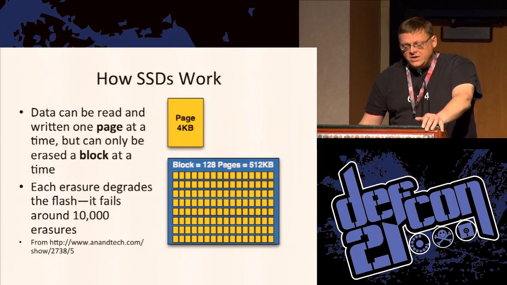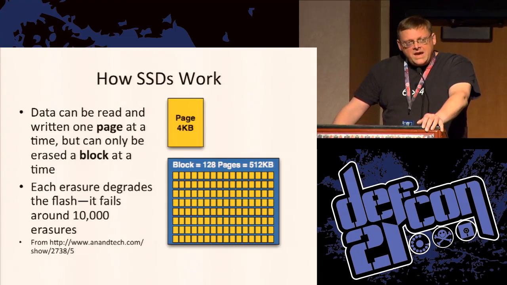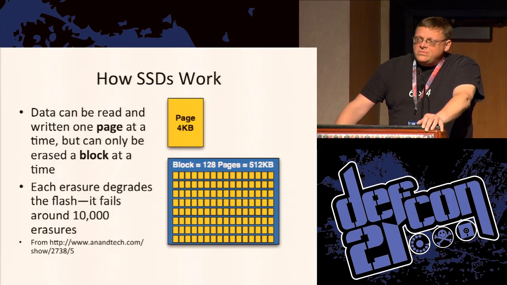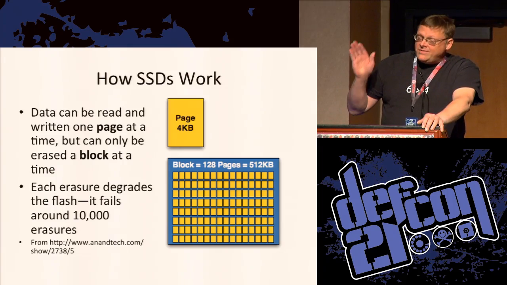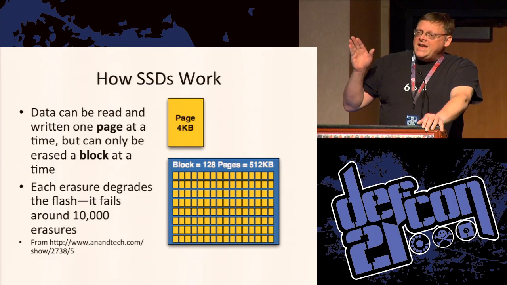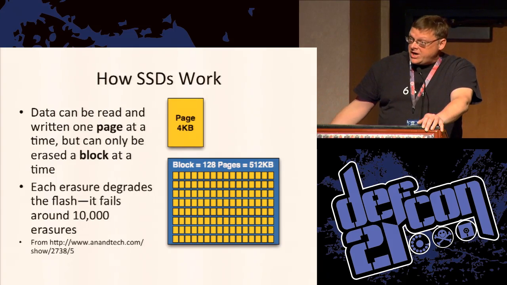SSDs have other constraints. And one of the main constraints is that you cannot erase one page of an SSD. You have to erase an entire block, which as you can see here is many pages. You have to erase an SSD block before you can write on it, and you can only erase it so many times before you wear out the SSD and break it.